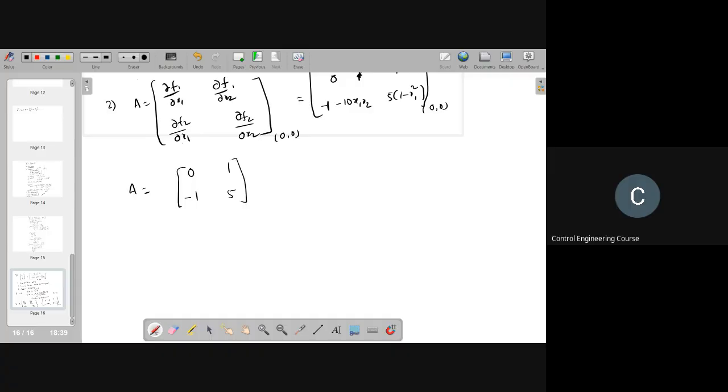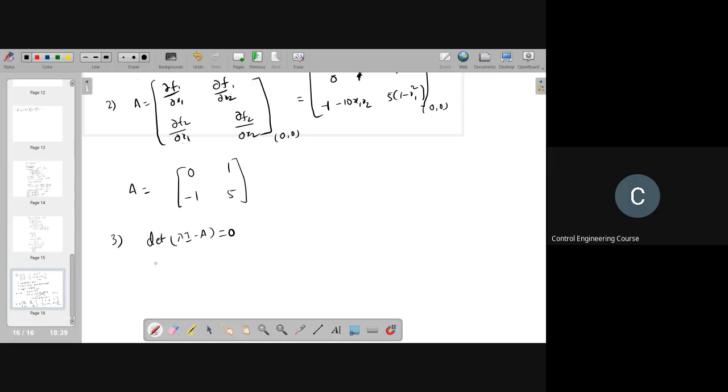Then the third one is analyze the system for stability. We know that the poles of the transfer function are equal to the eigenvalues of A. If the eigenvalues have negative real parts, then it is stable. So first we need to calculate the eigenvalues. How do you calculate them? Determinant of lambda I minus A equal to 0. Then you will find lambda, that is the eigenvalue.